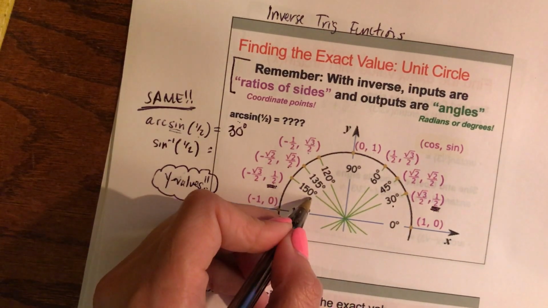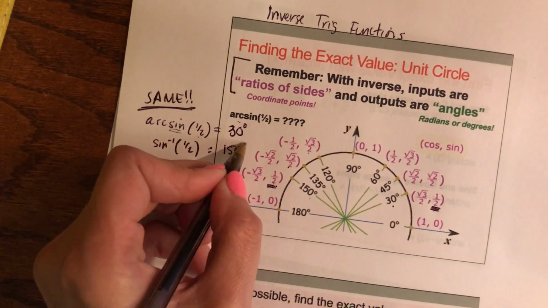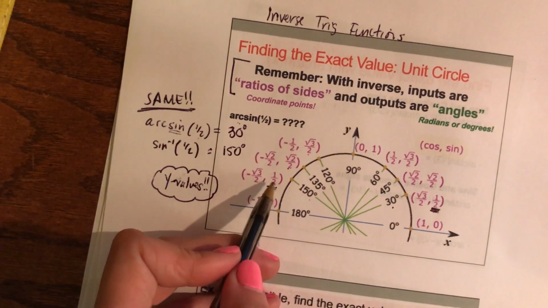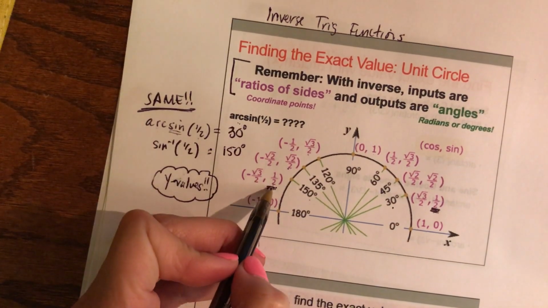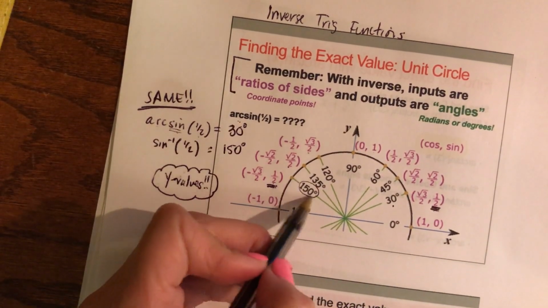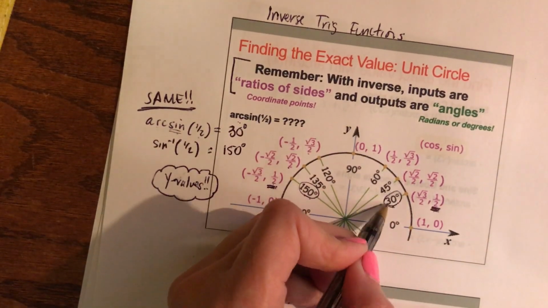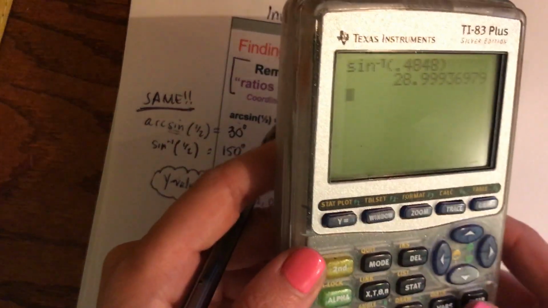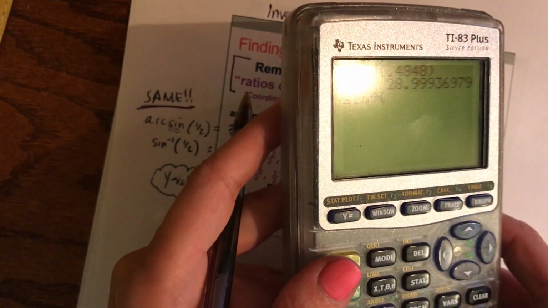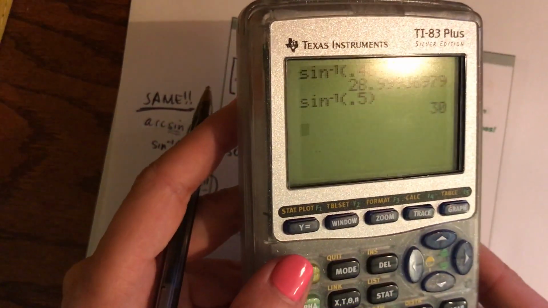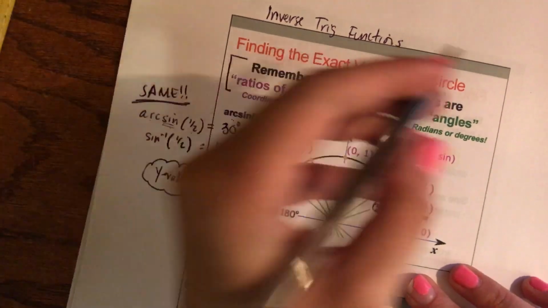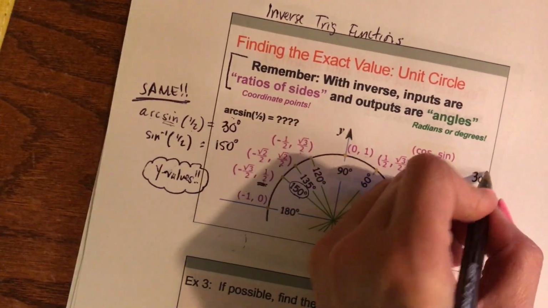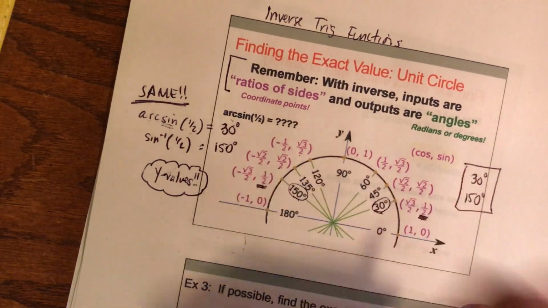Sine of 150 degrees will also give you a ratio of sides of 1/2, which means when you take the inverse sine of 1/2, you can either get 150 or you can get 30 degrees. And again, say I do inverse sine of 0.5, your calculator is only going to give you one of the two solutions. Okay, and that's just not good enough. So, in this case, our solution here is 30 degrees and 150 degrees.